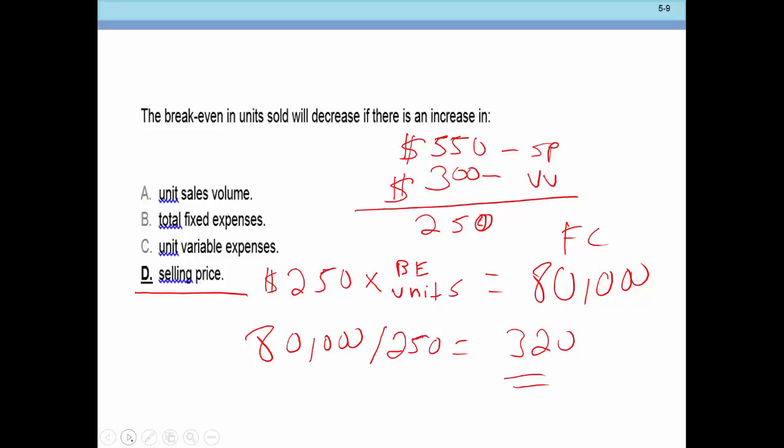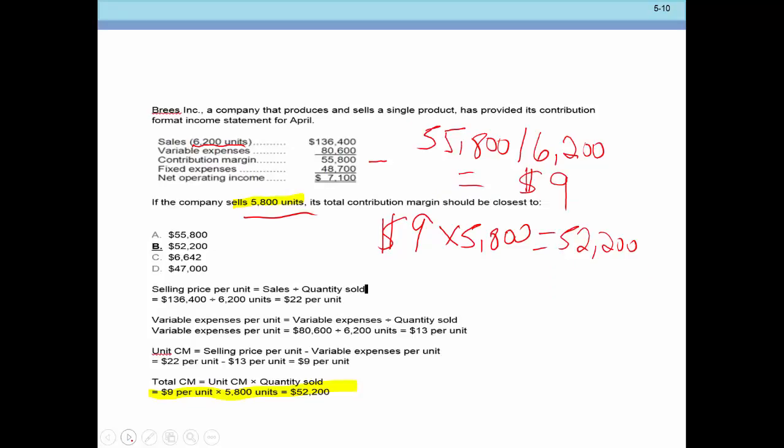It came down from 400 to 320, didn't it? Why? Because I'm getting more sales price. I'm getting more of a contribution margin per unit towards first my fixed cost, then my profit. So I don't have to sell as many units if I increase the sales price, right? Okay, good. So you come over and you take a look at this one.